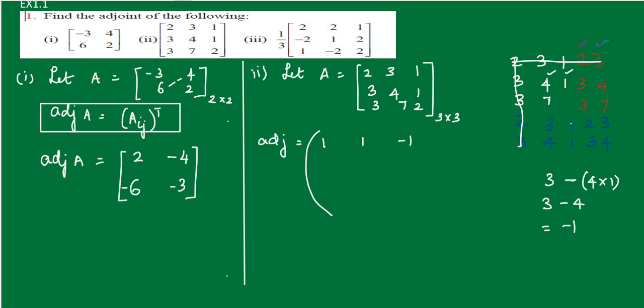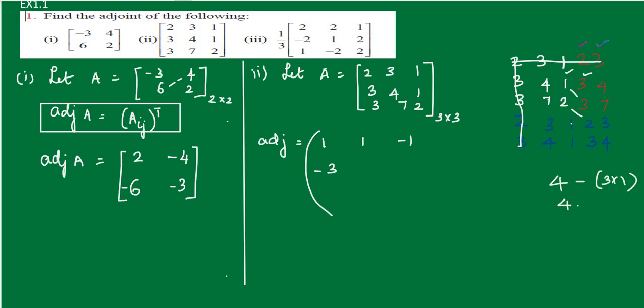Now, when we want to write the second row, we take the next 2 columns here. Now simplify. So, we get 3 into 1 is 3, minus 3 into 2, 6. We get minus 3. Similarly, 2 into 2, 4, minus 3 into 1.